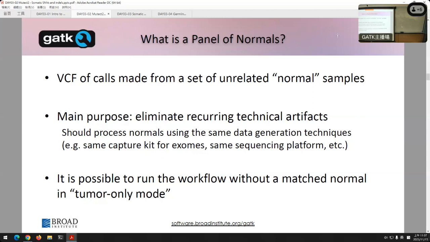A panel of normals doesn't just increase our accuracy by twofold, threefold. We're talking several hundredfold increases in our ability to confidently call variants. Even on the workflows we provide at the Broad, there's a panel of normals there. Even grabbing that is better than no panel of normals if you can.